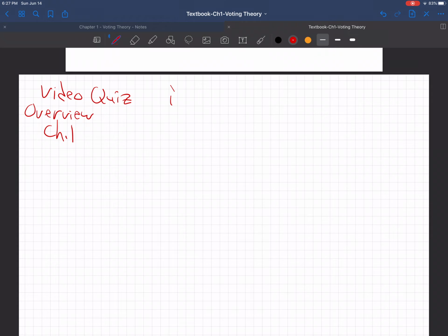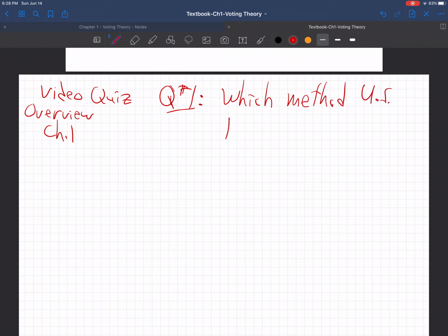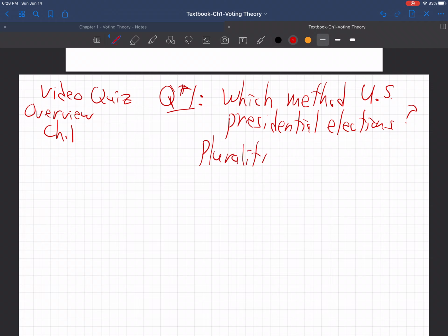Question number 1: which method do we use in United States presidential elections? And here's your answer. Plurality. That method we just saw. We use the plurality method.